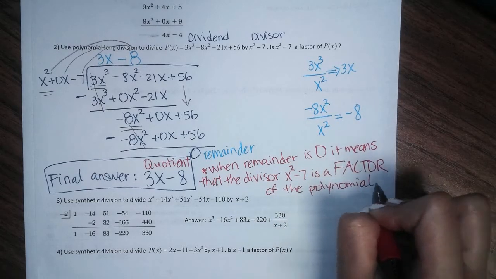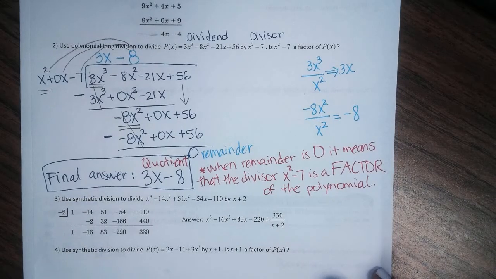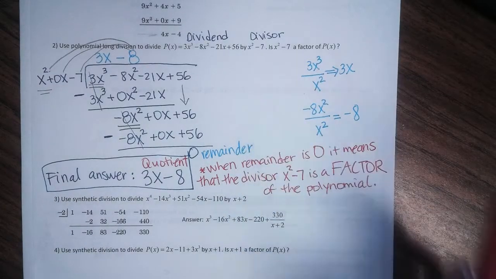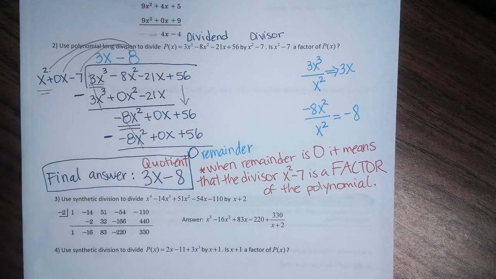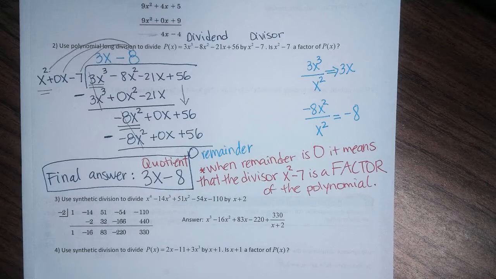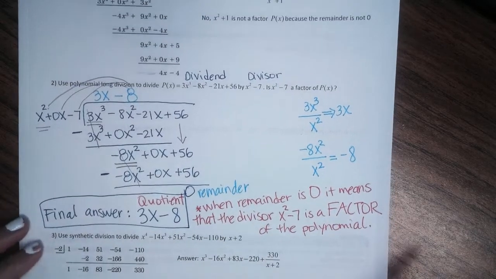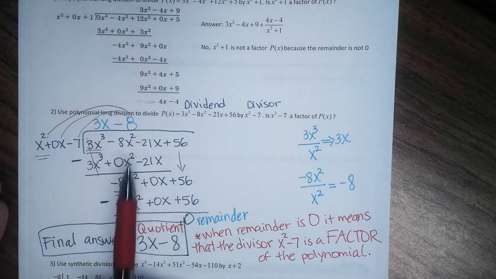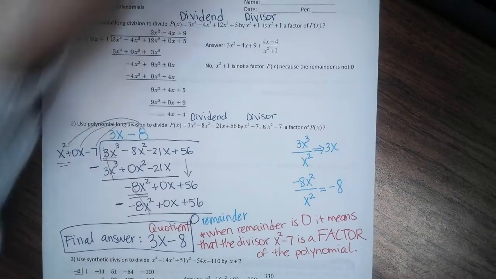So you will have a question on your quiz that will ask you like, is x squared minus 7 a factor of this polynomial? And your answer will be yes or no, and it just depends on the remainder. So divide it. If the remainder is 0, then put yes, x squared minus 7 is a factor. But if the remainder is not 0, like on number 1, so let me look at number 1.